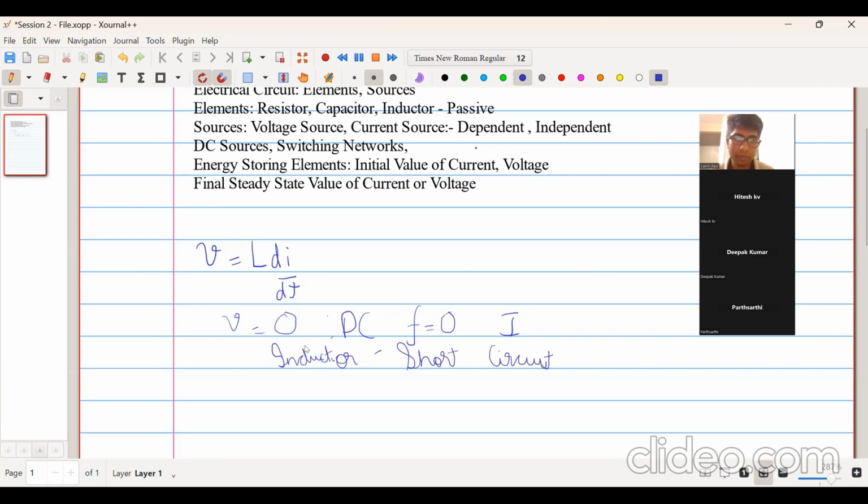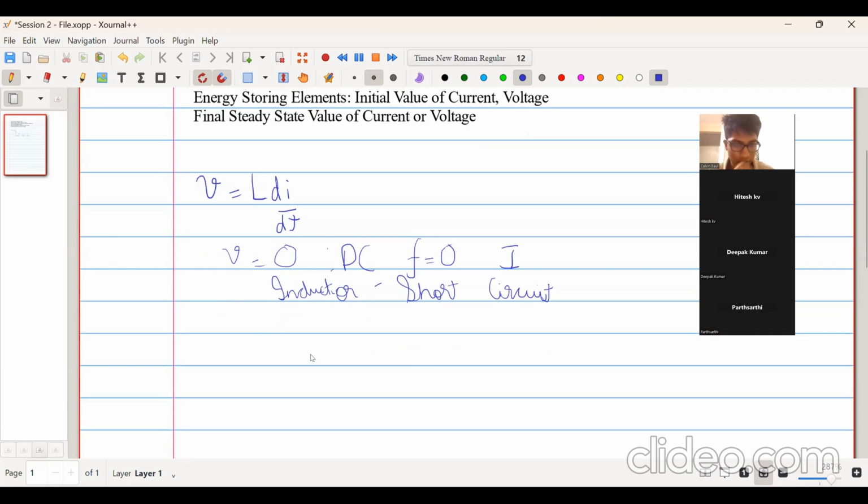So this is one concept. Now, the current through an inductor does not change its value immediately. In an instant, it cannot change its value. So what will happen at the time of switching? Let us suppose this is some circuit.